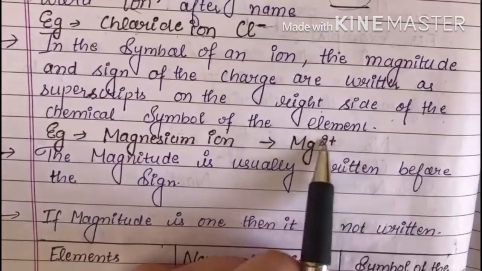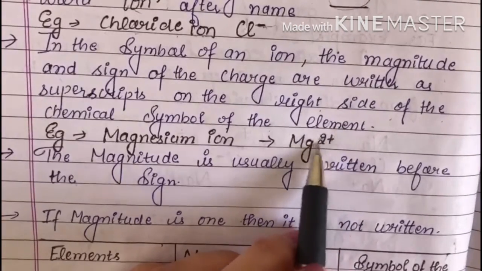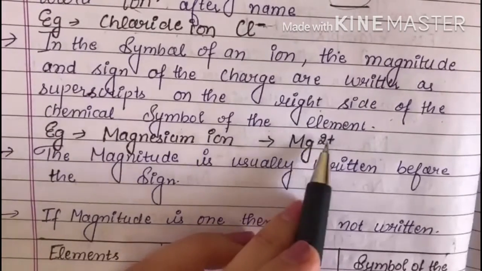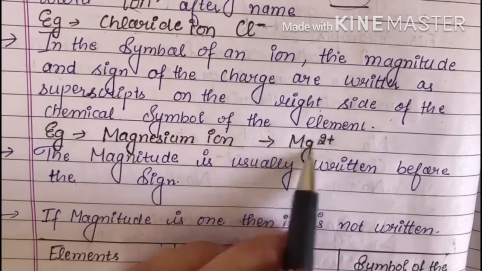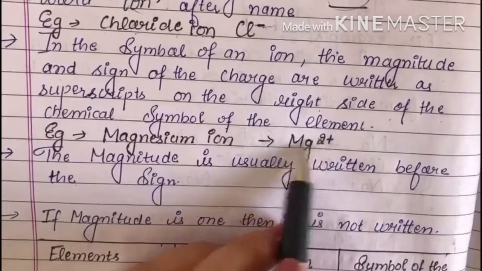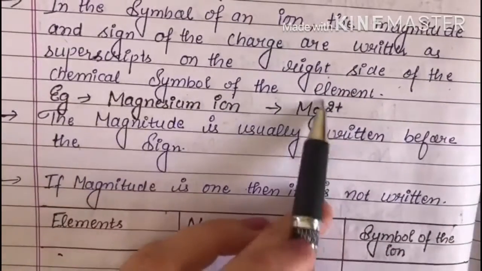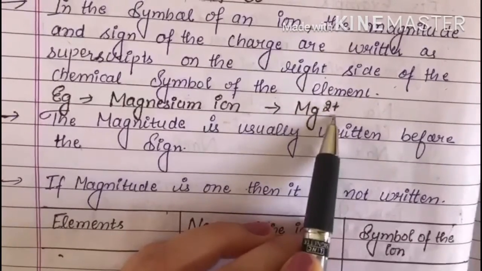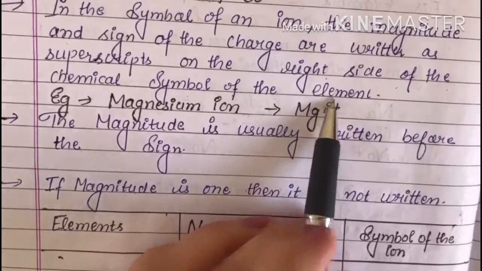Means if the charge given is greater than 1, for example 2 positive, or 2, 3 also, then you have to write it on the right-hand side and on the upper side of the symbol. Next, if we have only one, like one positive or one negative, then we have to neglect that one.